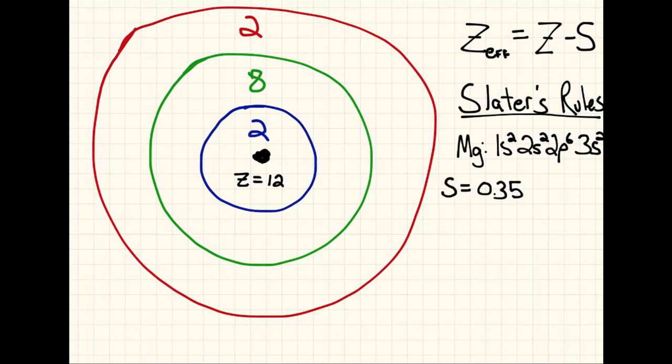And so if I'm really more concerned about, well, how much does it shield me from the nucleus? How much time does it cross in front of me and shield me from the nucleus? According to Slater's rules, we give electrons a value of 0.35. So we will say that the other electron out here shields me from the nucleus about 35% of the time.